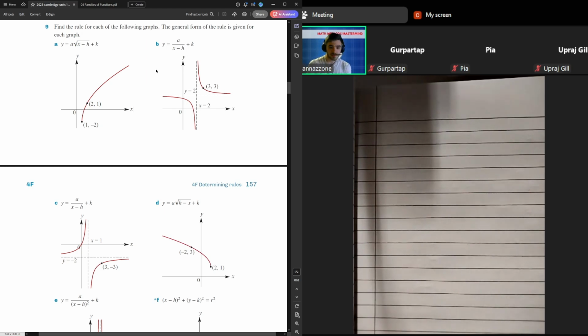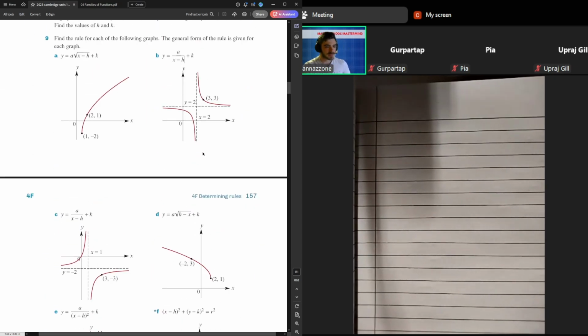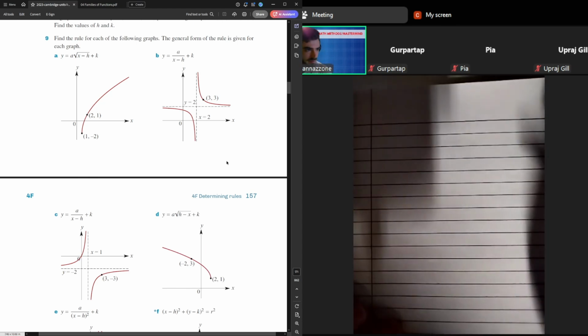We looked at those in the initial little lecture bit: for square roots, you really care about the starting point, or the vertex. For hyperbolas and truncus, it's the asymptotes. They've got a circle in here, but we don't look at circles in Methods, at least not explicitly in the study design. But that is fine.